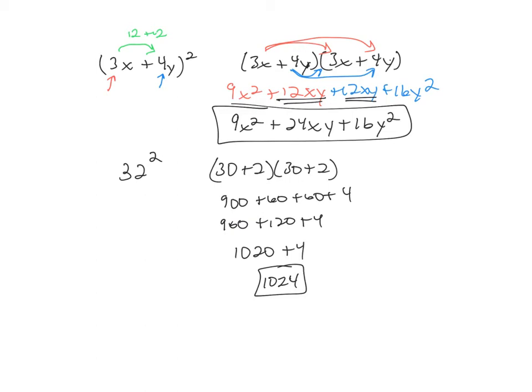Other ones, like our answer is 3 terms. This one, then the other one, and this will be kind of a big thing to try to remember when we get to the second part of the chapter, which is called a difference of squares.